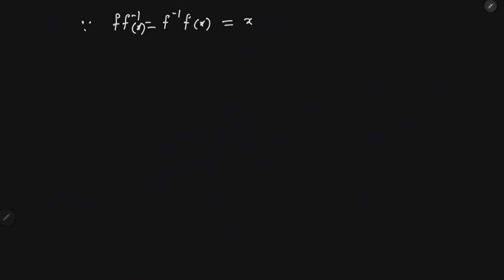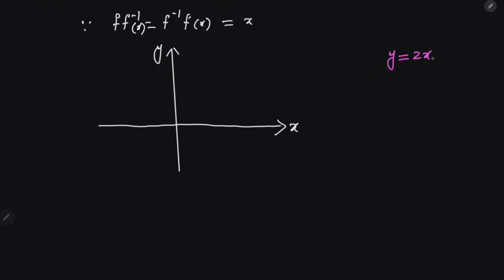First we plot y is equal to 2x minus 18. Suppose we have x-axis and y-axis. This is x, this is y. And we have 2x minus 18. Y is equal to 2x minus 18, which has an intercept of minus 18.